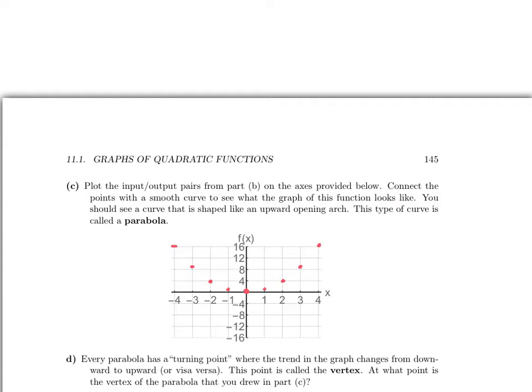If we connect the points with a curve, we arrive at a curve that looks something like this. And so indeed you can see that you have a shape that looks like an arch, and this kind of shape is called a parabola.